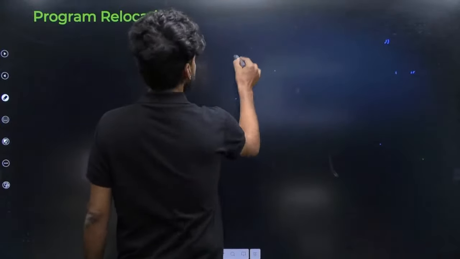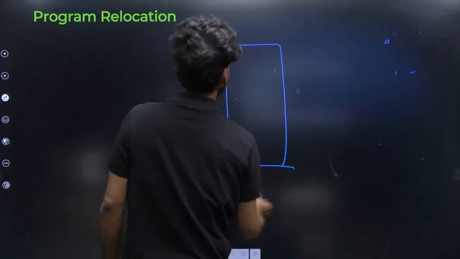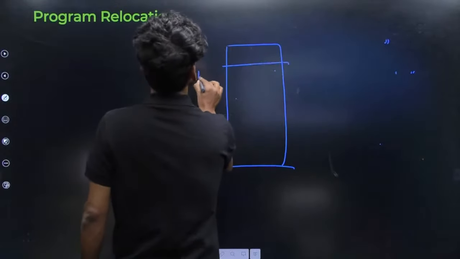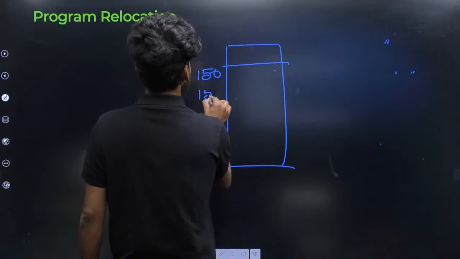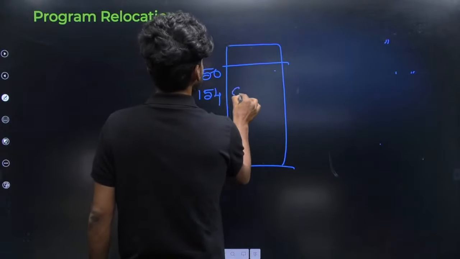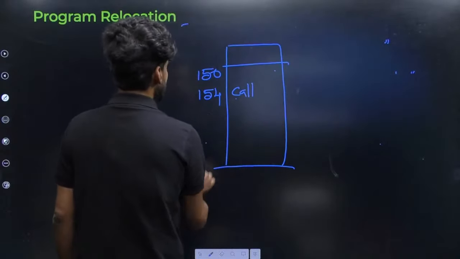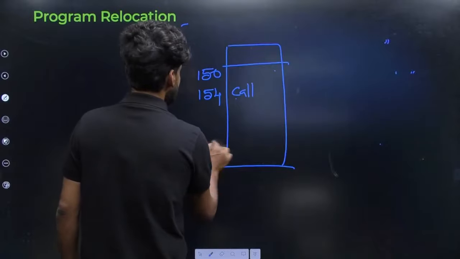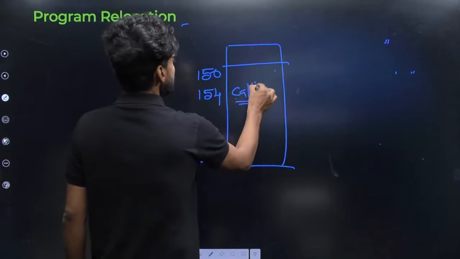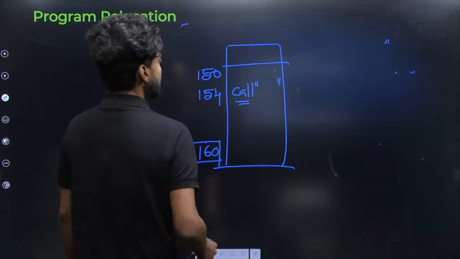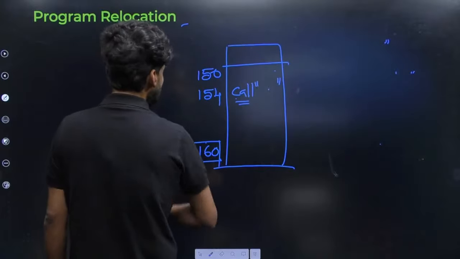Once again, PC relative addressing mode works this way. We are going to use the program counter. The current instruction is, let us say, 154. 154 is a call instruction. It needs to call a specific location, let us say 160. 160 is the target address. Now, call must be followed by a value which, when added to the program counter, takes us to 160.